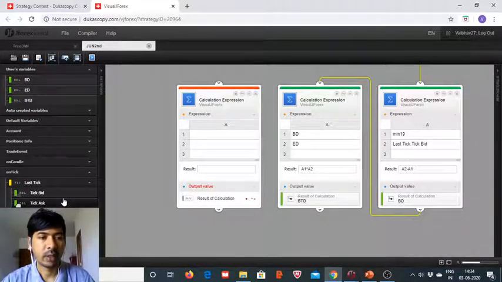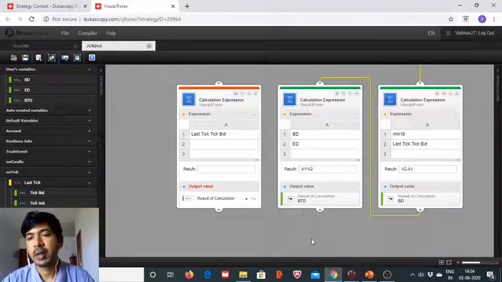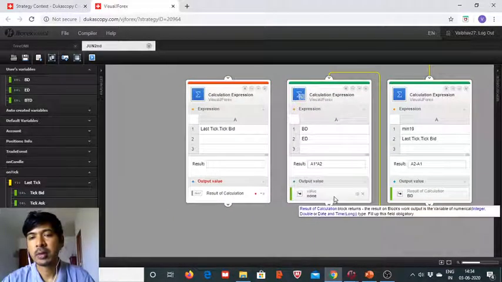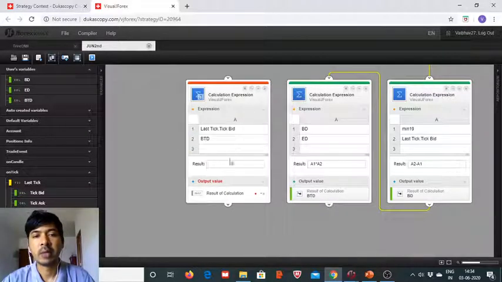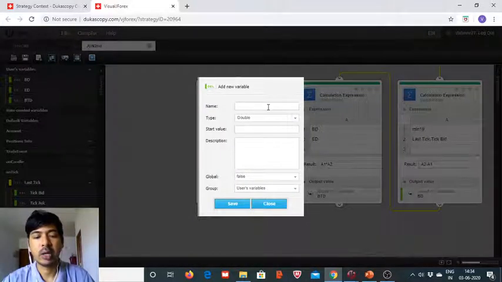So we take bid, and then we will deduct A1 minus A2, and this will be our buy execution price BE.